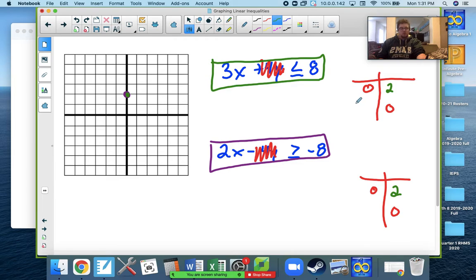So that's 2 2/3, so that's 2.6. That puts us at right about here. And on the bottom, we divide -8 by 2 and get -4. So that point is right here.